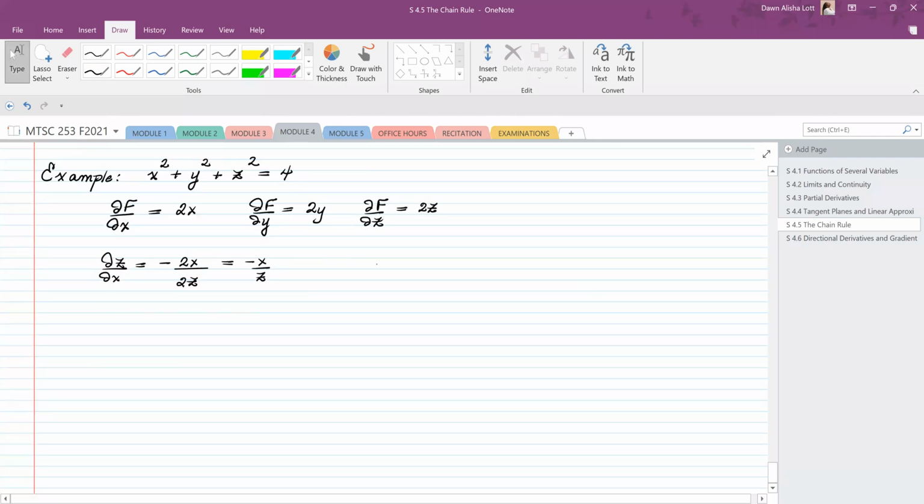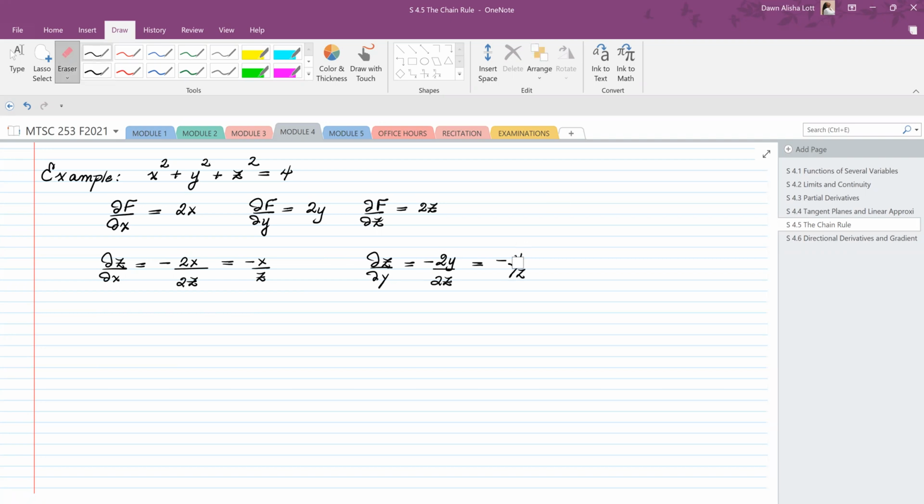And then the partial of z with respect to y is negative 2y over 2z. So that's minus y over z. And you're done.